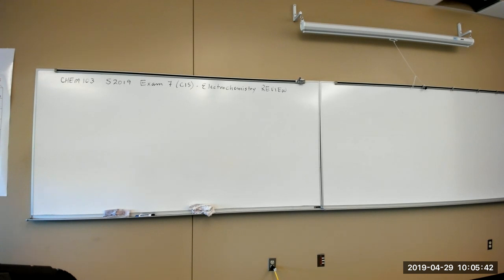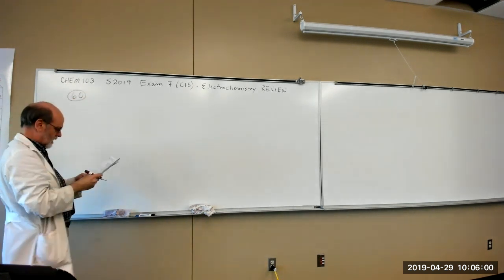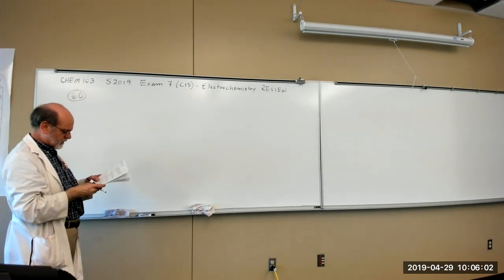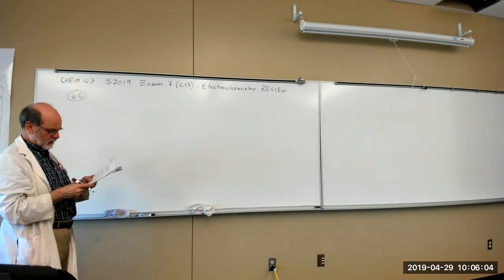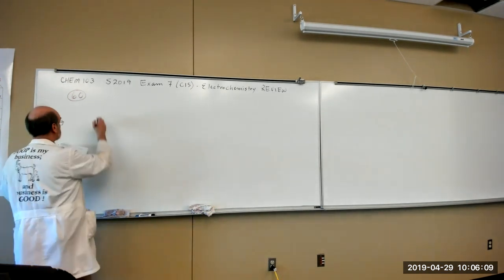Okay, for instance, 60 looks like a candidate. Let's try that one. All right. An electrolysis plant operates its electrolytic cells at a total current of 1.8 times 10 to the 6th amps.